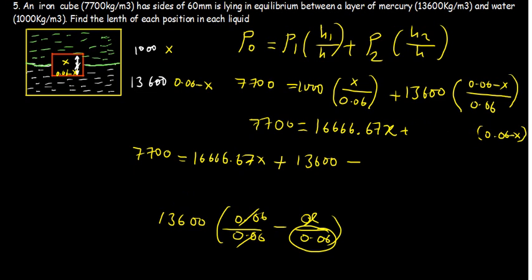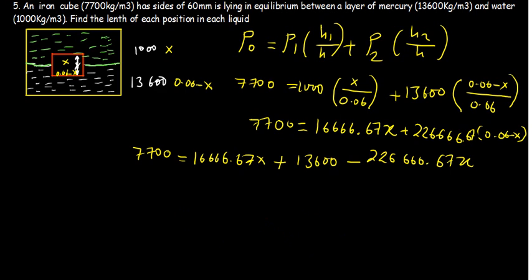So that is giving 226666.67. If we multiply this and this, we are going to get back the 13,600. Then we are multiplying this term with x. That would be negative 226666.67x.